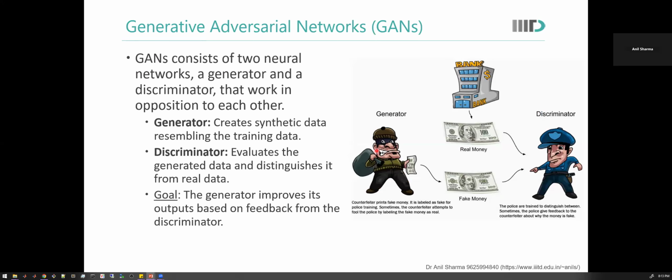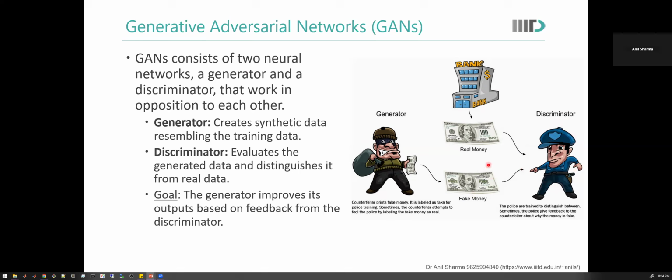Okay. So the core idea behind GANs is adversarial training, where the generator and discriminator are in a min-max game. There are two neural network models, a generator and a discriminator, that work in opposition with each other. Consider this example: this is a counterfeiter, which prints the fake currency and gives it to the bank. There is a discriminator, maybe a cop, police, or a bank employee, which says, no, this is a fake currency.